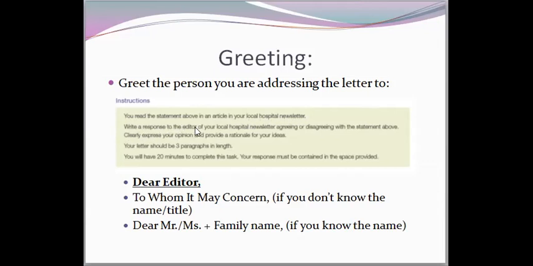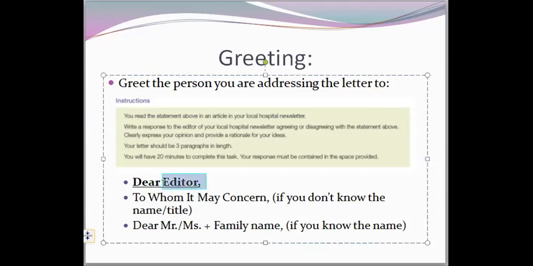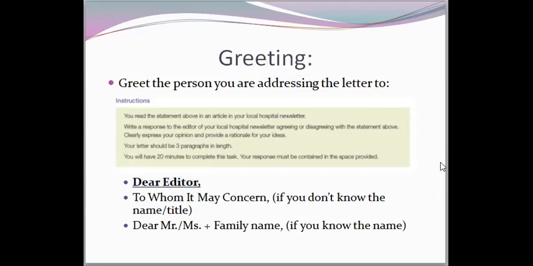Write a letter to the editor of your local hospital newsletter, agreeing or disagreeing with the statement above. Clearly express your opinion and provide a rationale for your ideas. So in this case, we're writing a letter to the editor. So you could say, dear editor, comma. You could capitalize editor because it's a job title. You don't need to. You can also write in lowercase.